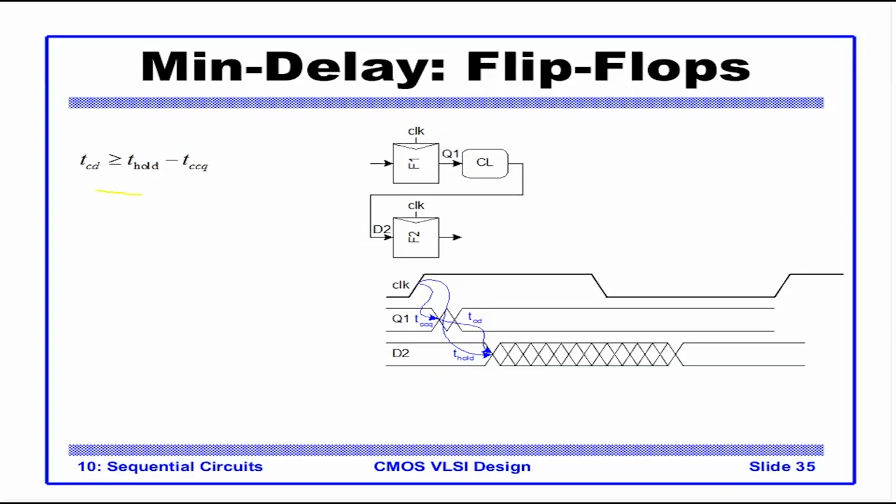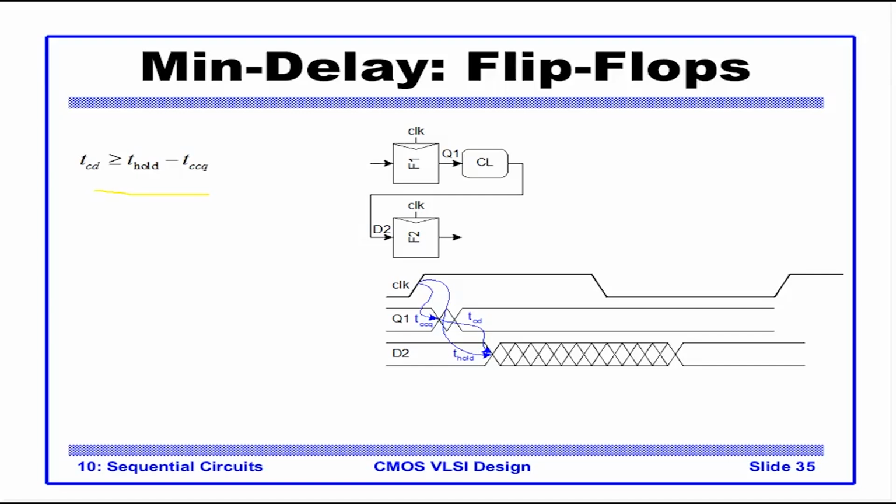Again, the sequencing overhead is nothing but this TCQ. This is actually not a sequencing overhead, but what it does is place a min timing requirement on the total delay. So what is the total delay here? The total delay is TCD plus TCQ, and at all times it should be greater than the T hold.